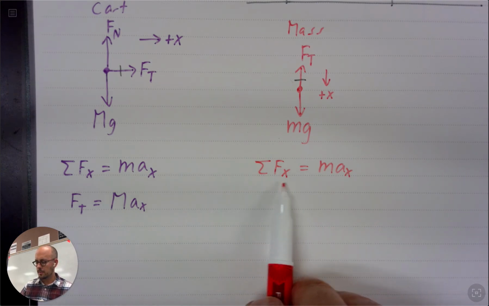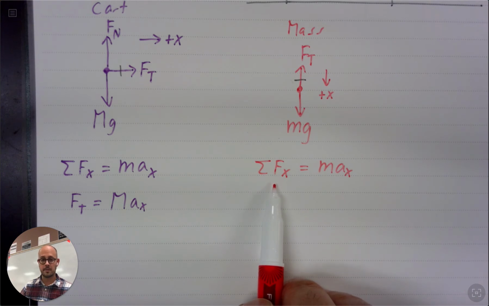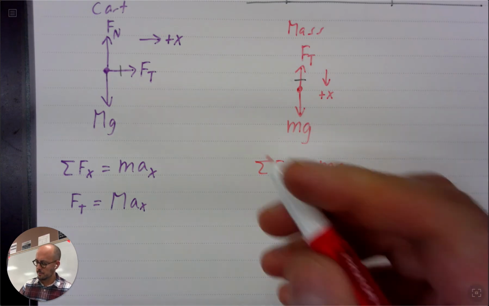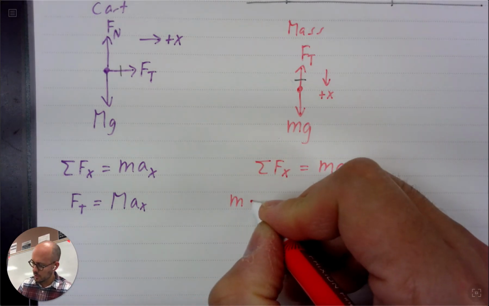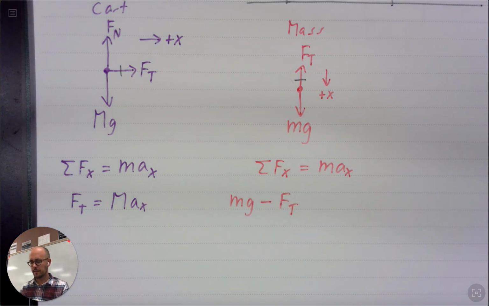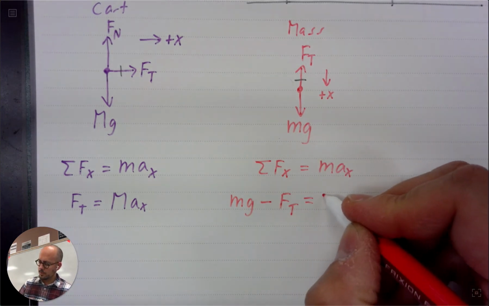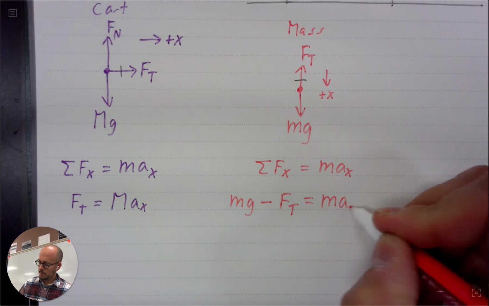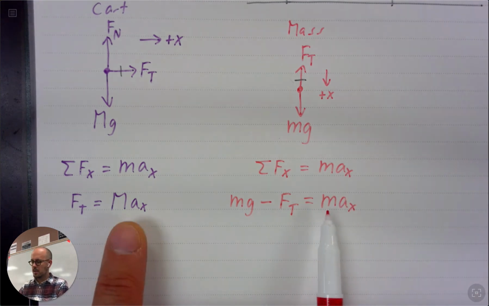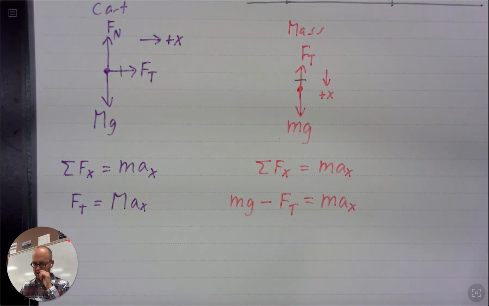Now for the net force on the hanging mass, I have to be a little careful because this is the positive x-axis. The positive force in this situation is mg, and the negative force is tension. And this is equal to mass times acceleration. Same acceleration, different masses, because they are different objects that have different masses.